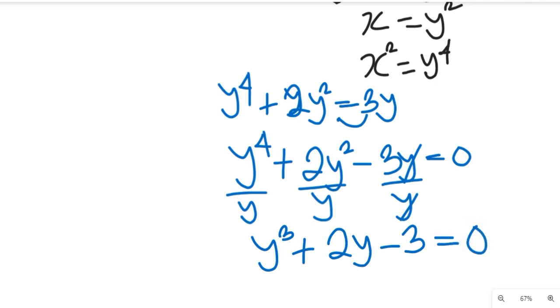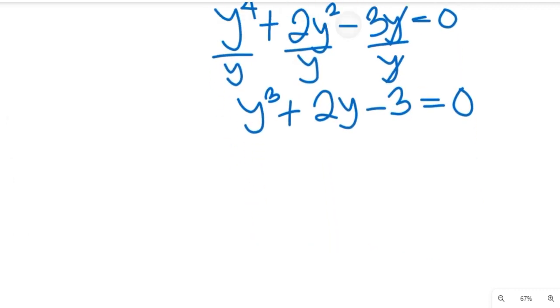This equation is a polynomial equation because the highest power is 3. To solve this polynomial equation, what we simply need to do is look for the first factor of the polynomial. To do that, we need to substitute a value. Let's assume that y is equal to 1.